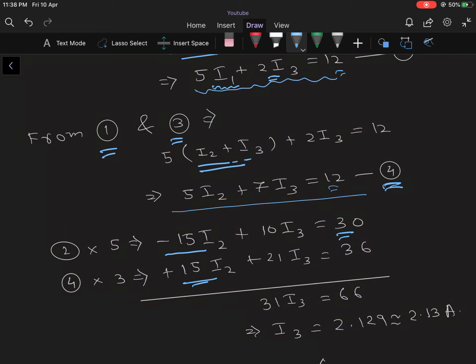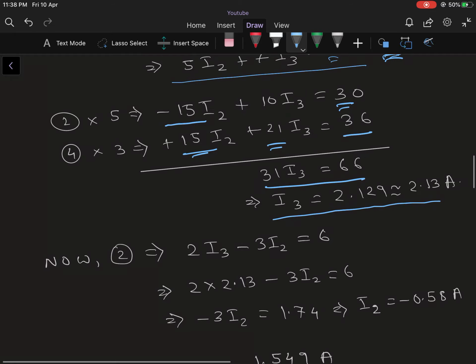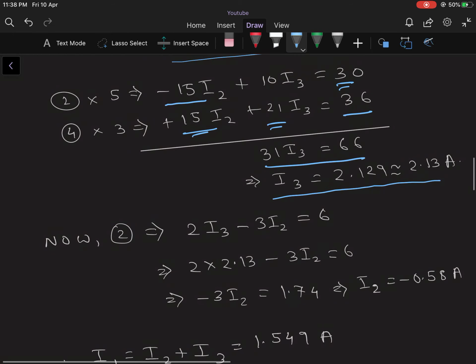So it is coming out to be 15 I2 plus 21 I3 equal to 36. So now just adding these two equations, we are getting I3 as 2.13 ampere. Now we get the value of I3.